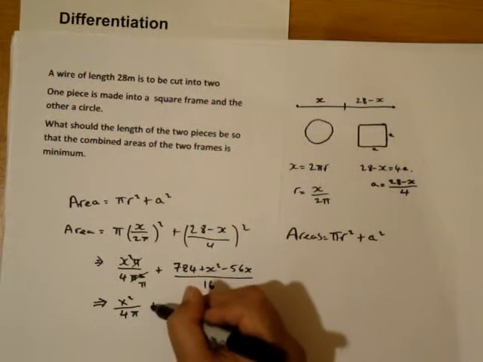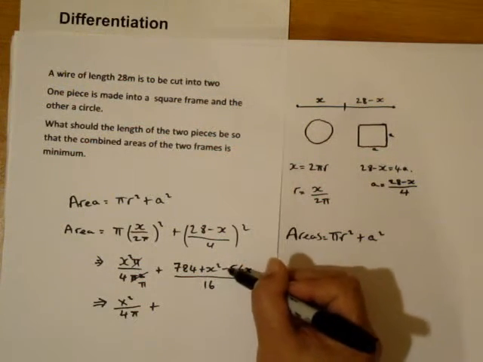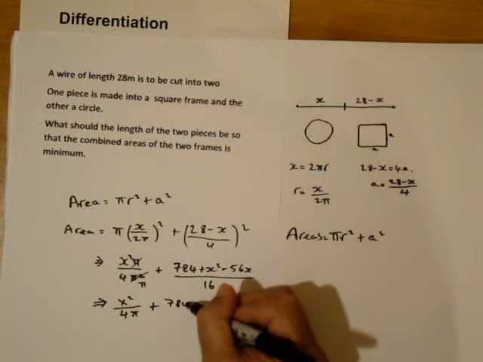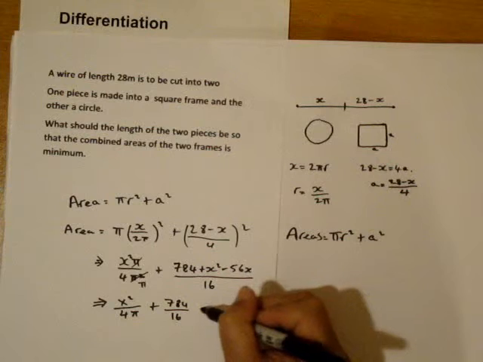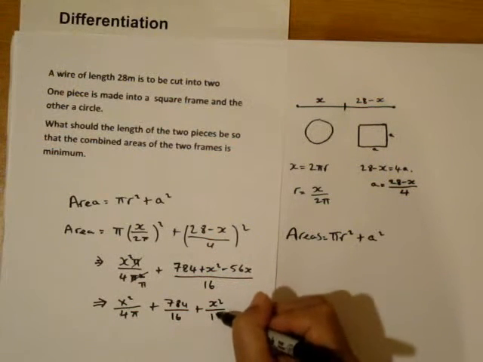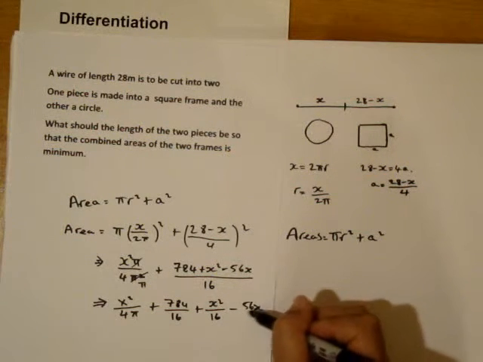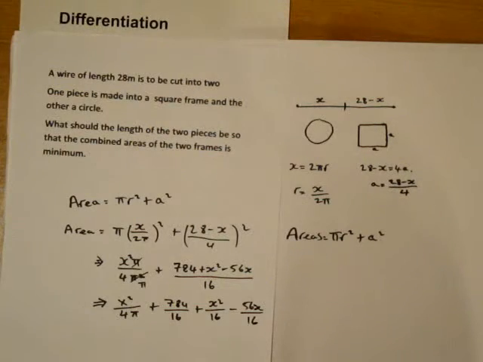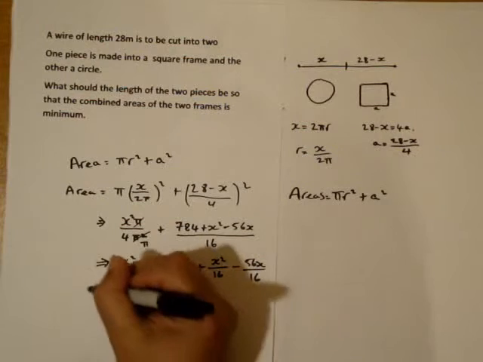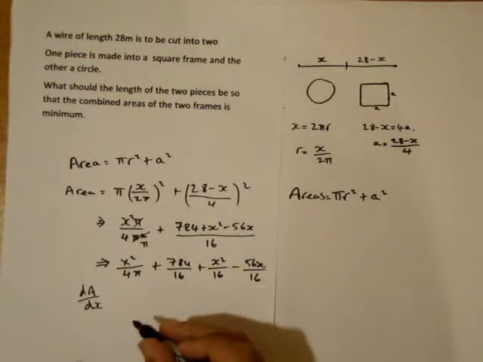And now we can split this fraction up into 3 because we've got addition and subtractions. So this becomes 784 over 16 plus x squared over 16 minus 56x over 16. Now we can differentiate. So we have dA over dx.